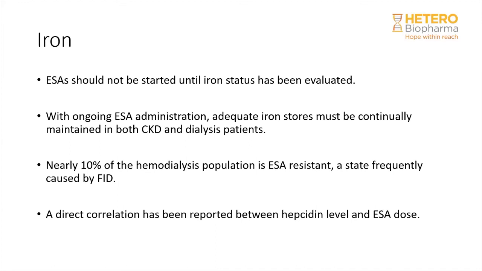The iron is not getting mobilized, probably because of increased levels of hepcidin, which is going to trap it. There is a direct correlation in which elevated hepcidin levels are associated with increased ESA resistance and increased ESA dosing. So elevated hepcidin levels are more likely to be responsible if the ESA dose keeps going up in a patient.